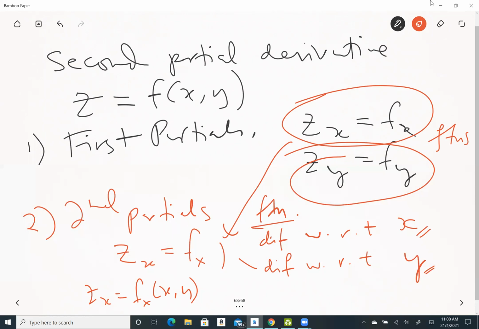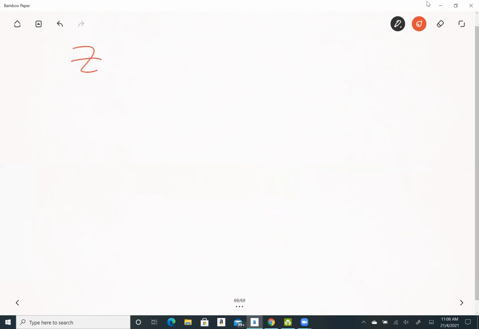So when you do that, it's just like the second derivative. If I take the derivative of zx with respect to x, I get zxx or fxx. If I take the derivative of zx with respect to y, I get zxy or fxy. It's the same as what we did with the direct derivative.